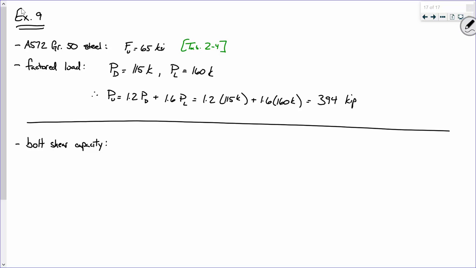Table 7-1. There we go. Everybody got that tabbed? Right here, available shear strength of bolts. Everybody remember that?